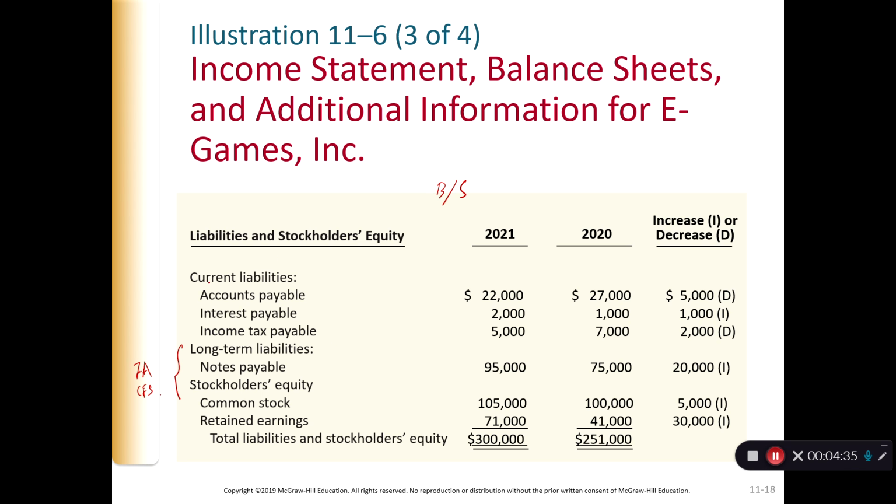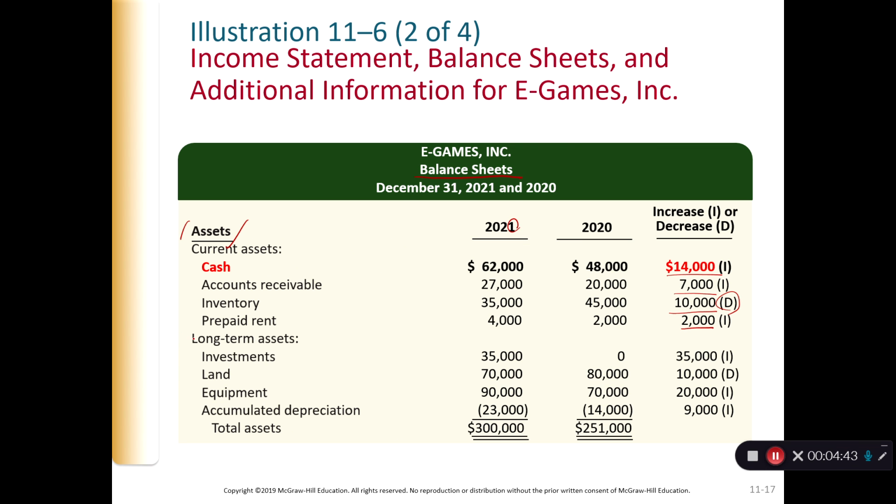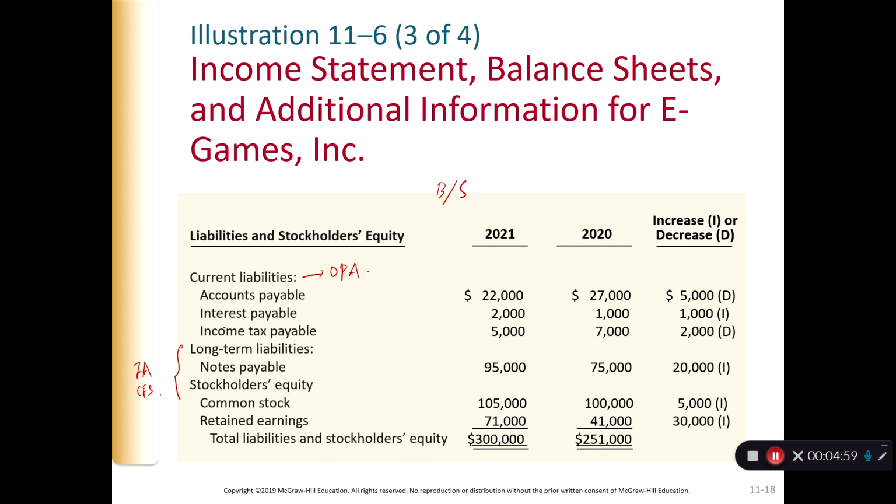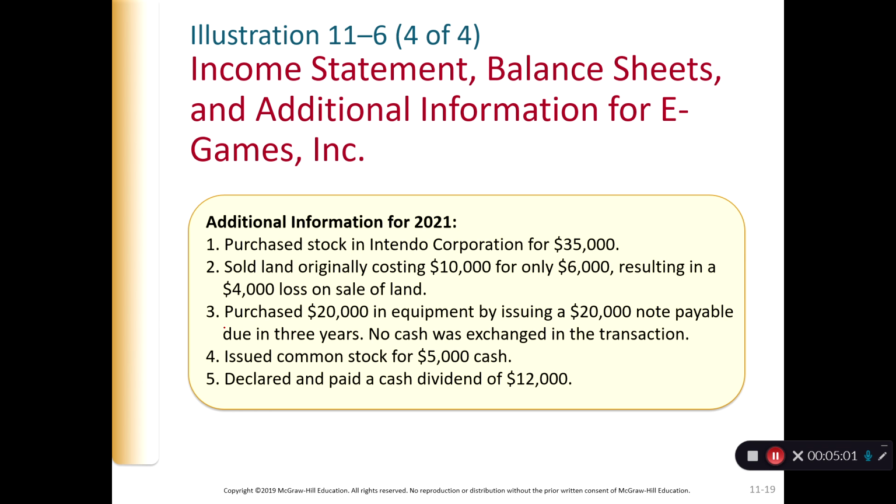So what are we going to do with the current liability? We said that this is going to be the operating section of the activity. And the long-term asset, the change in this section, we believe is going to be the investing activity of the cash flow. And the change in this section is going to be the operating activity of the cash flow, right? Okay. So let's see.